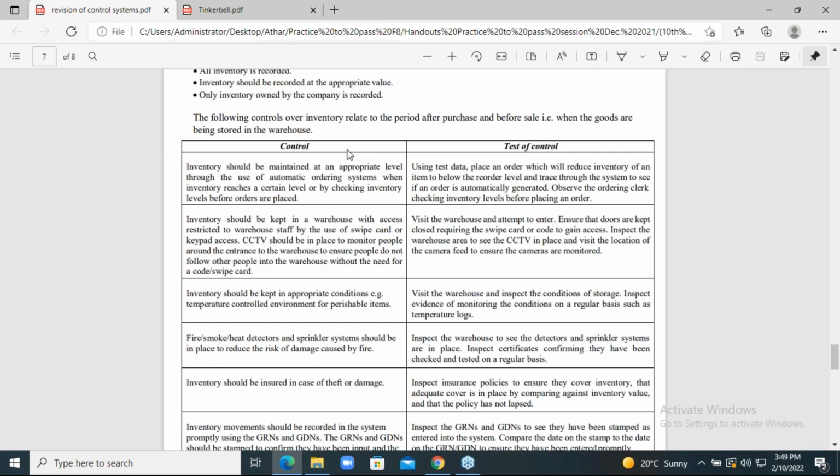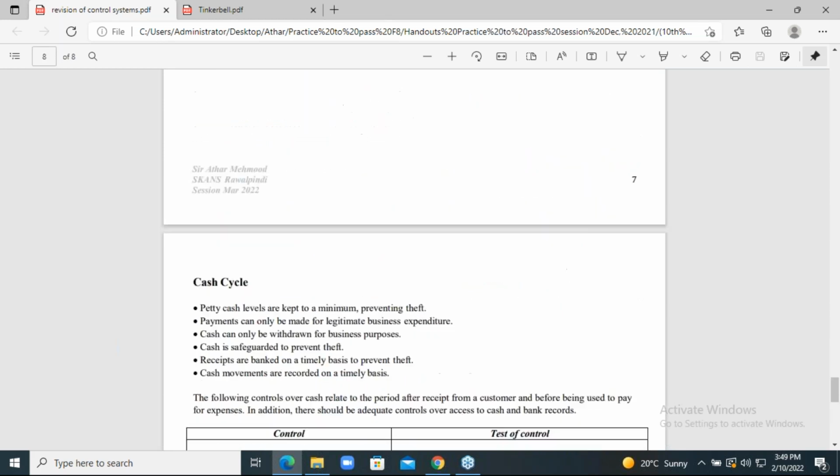They are also written in your notebooks, in whatever resources you are using. But the main point is that you must be aware of these objectives, and also you must understand the background risk, the risk due to which these objectives are made. If you are aware of the risk and objective, then you can easily understand how to write tests of controls and how to write control deficiencies.